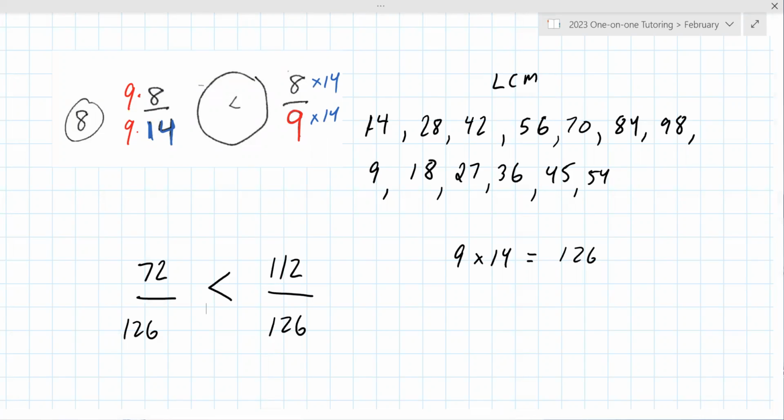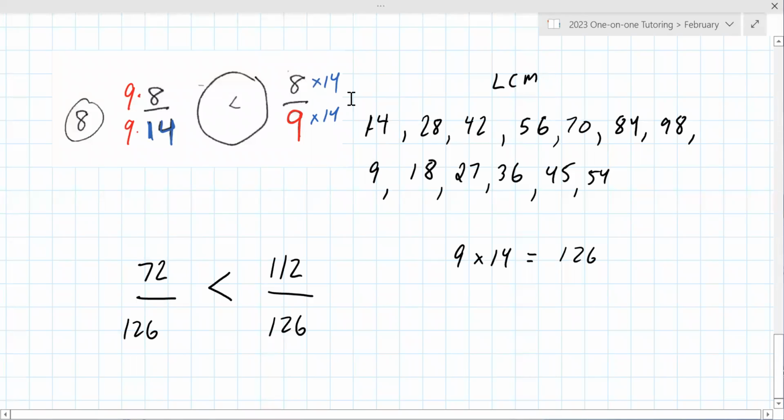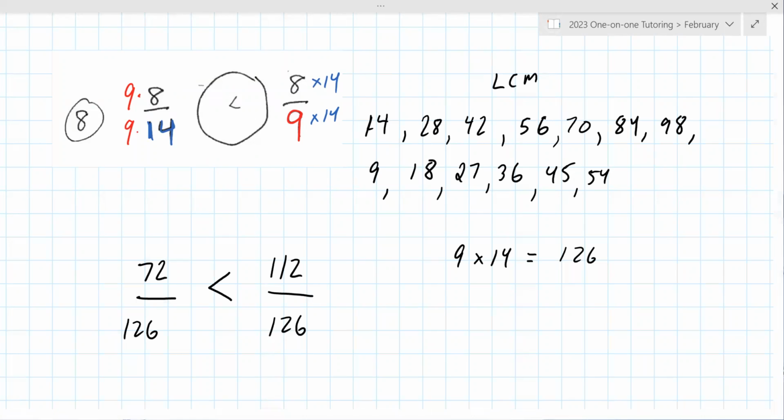Your teacher may be doing something here where they're saying, well, if the top numbers are the same, you do something with the bottoms. I don't like rules like that because there's too many things to remember in math. But it is true. If the top numbers are the same, it does have something to do with the bottoms. I would recommend not remembering that. I'd recommend doing it the way we just did.